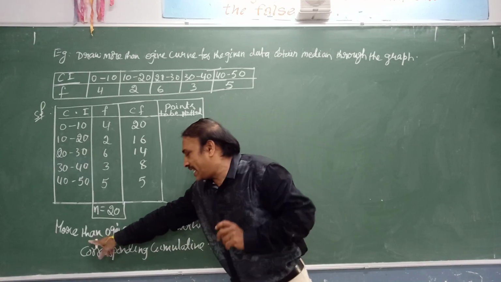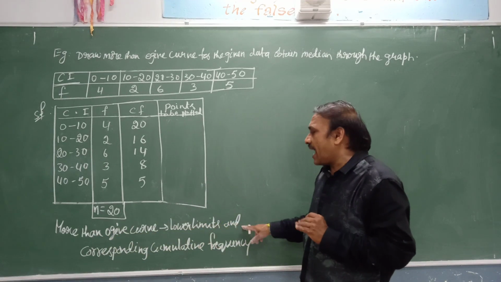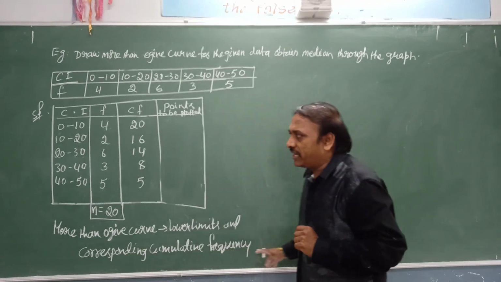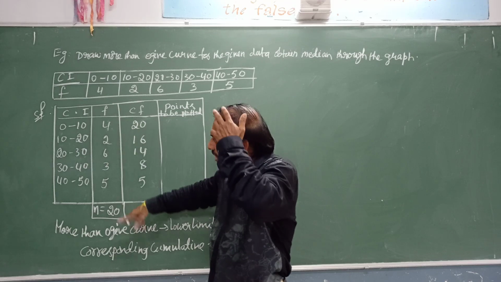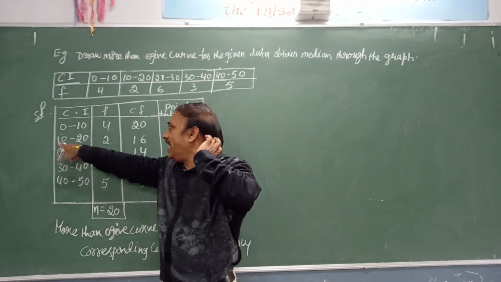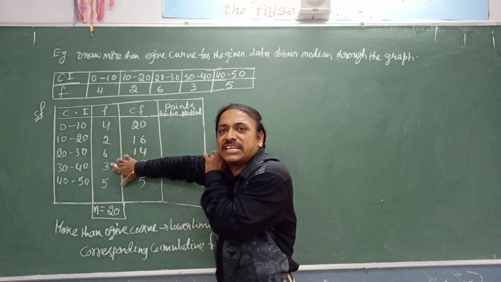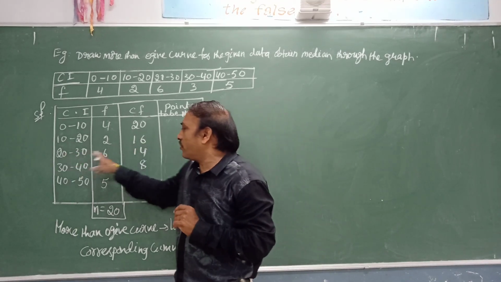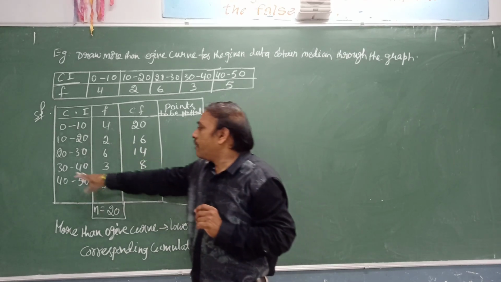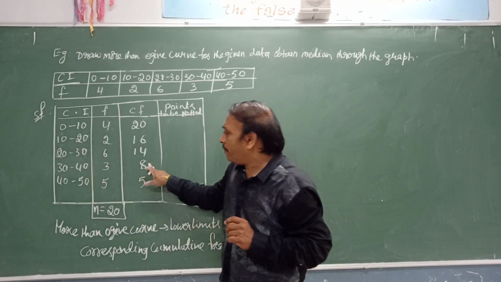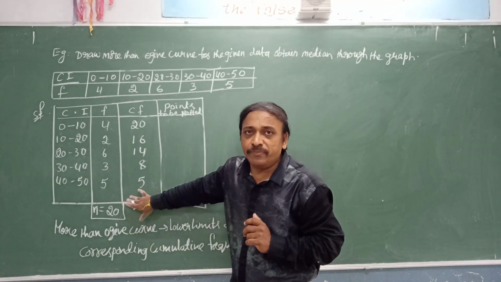More than ogive curve means we take lower limits and the corresponding cumulative frequencies.